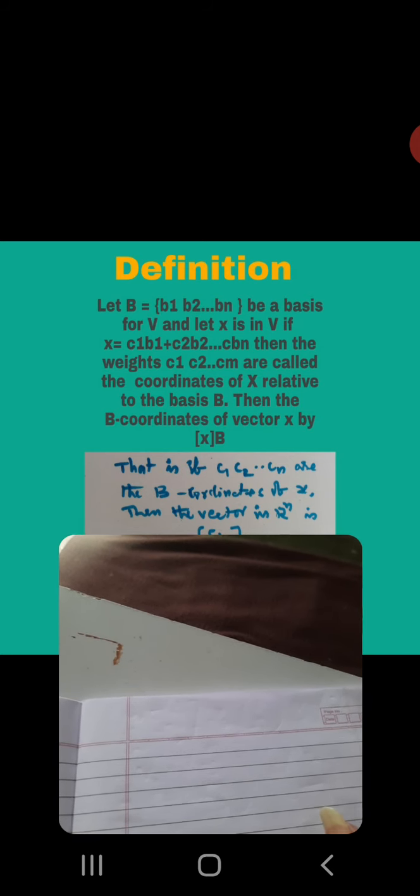What is x? You know it is the linear combination C1 V1 plus C2 V2 plus C3 V3, where V1, V2, V3 are the basis vectors and C1, C2, C3 are the coordinates.